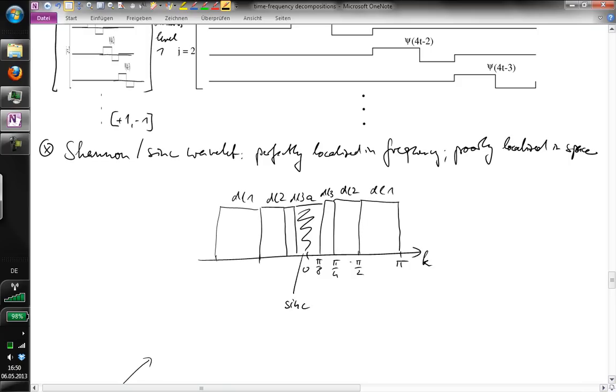And all these detail filters are sinc at one frequency minus sinc at another frequency. So these are perfect bandpass filters, and that one here is a perfect low-pass filter. Okay, so these are two extremes, but probably not the best.